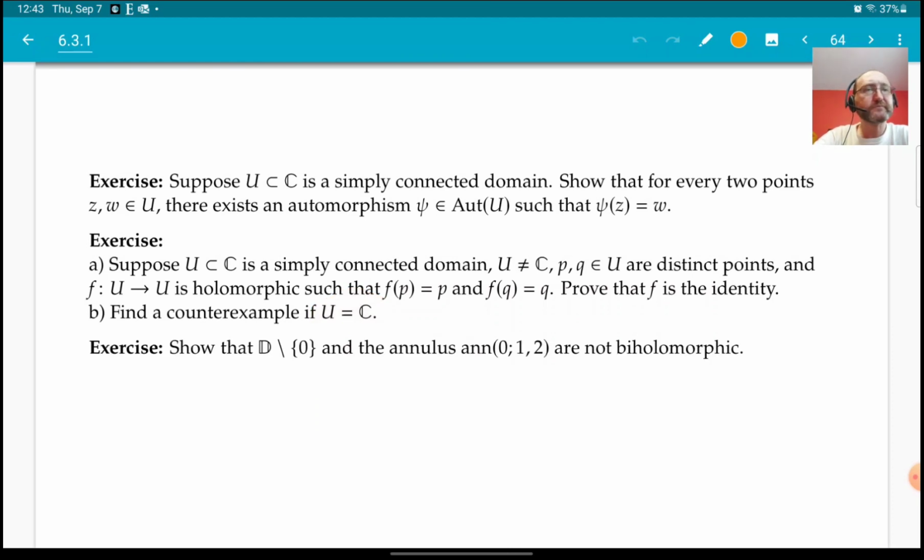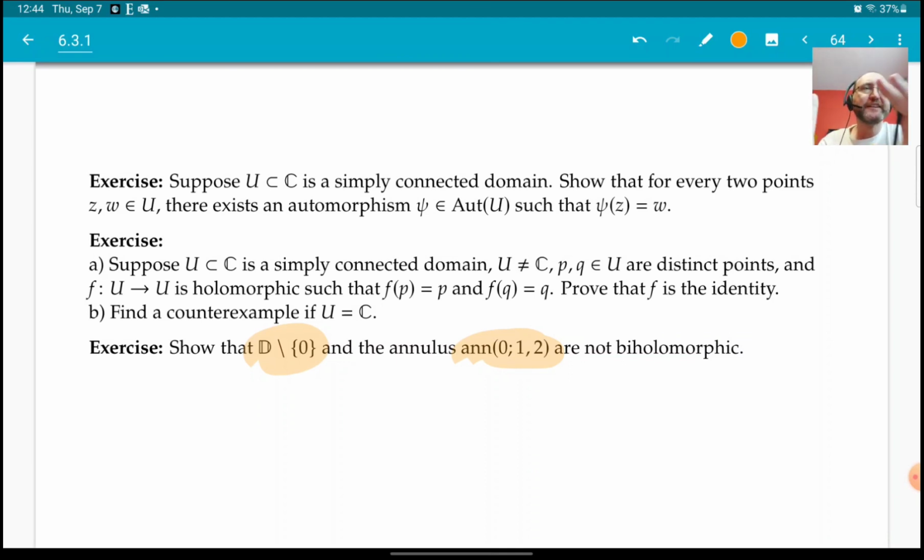All right. Now, we have simply connected domains, so how about domains with holes? The answer is a little trickier here. For example, if I take the punctured disk and the annulus, the domain between the circles of radius 1 and 2, those two are not biholomorphic. So prove that there is no biholomorphism from one to the other.